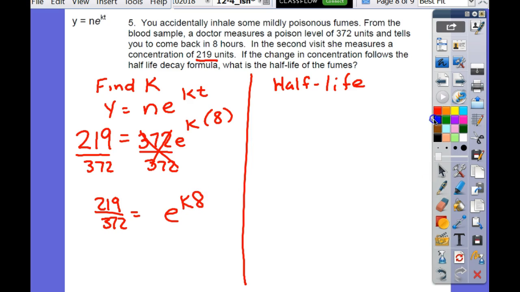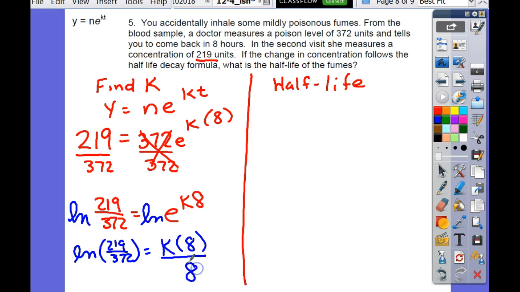Then what are we going to do next? What have we done next over and over and over again? Take the log of both sides. You take the log of both sides to use the power rule. The power rule brings the k8 out in front. ln of e is equal to 1. So when you multiply 1 by 8, you still have 8. Divide by 8 to cancel that out.